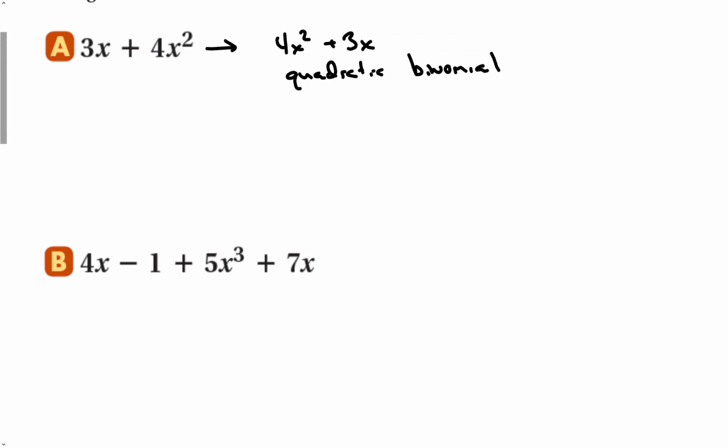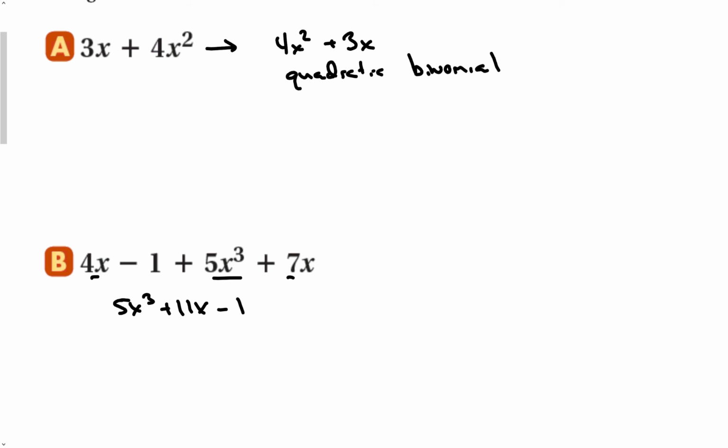Let's do the second one. Order first, then put the like terms together. So here's the biggest degree. So that's 5x to the third. Then I have a 4x and I have a 7x. So those two can go together to give me 11x and then minus 1.